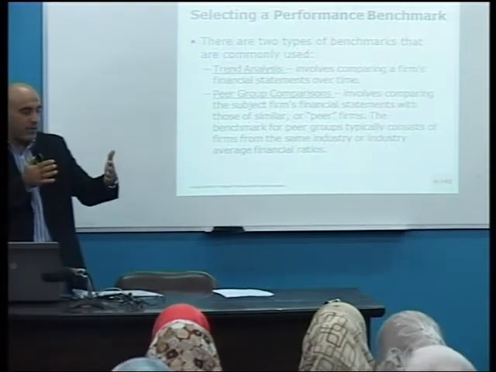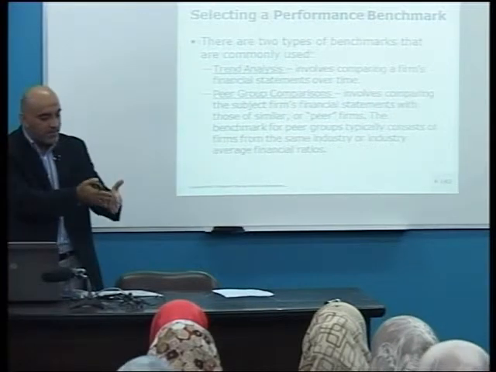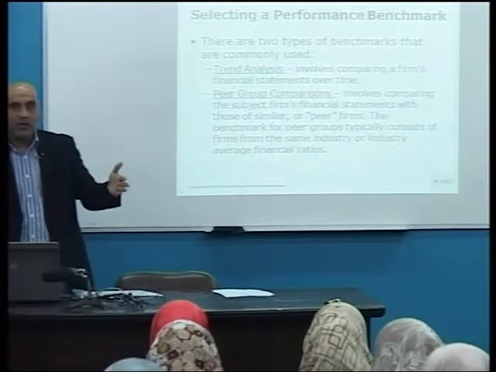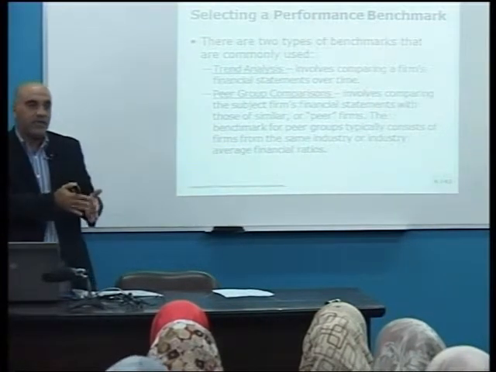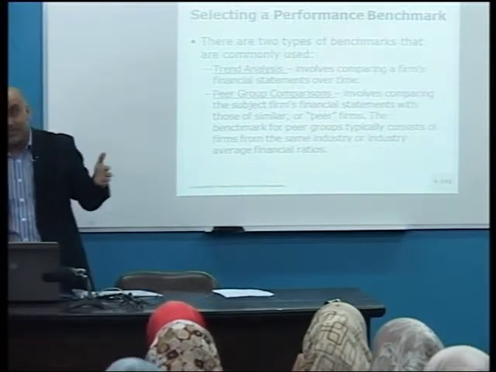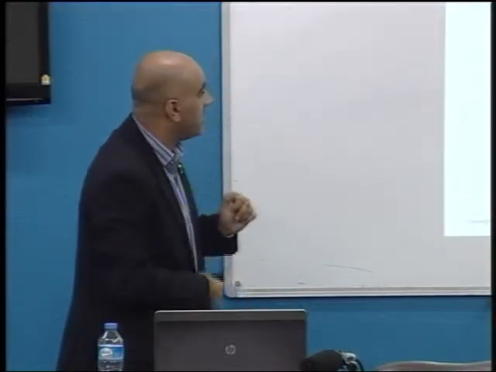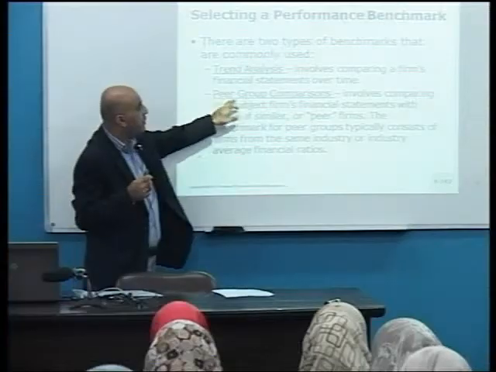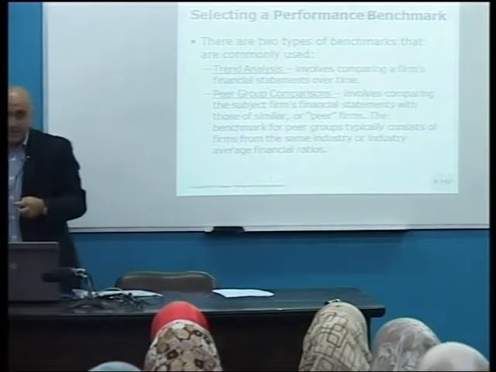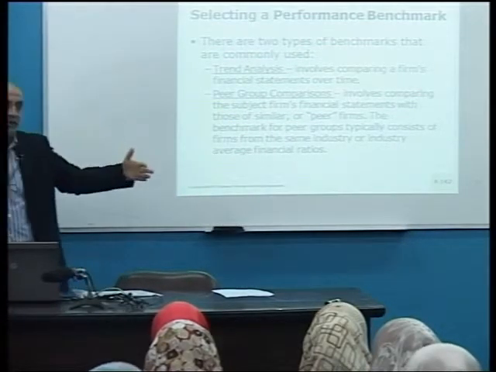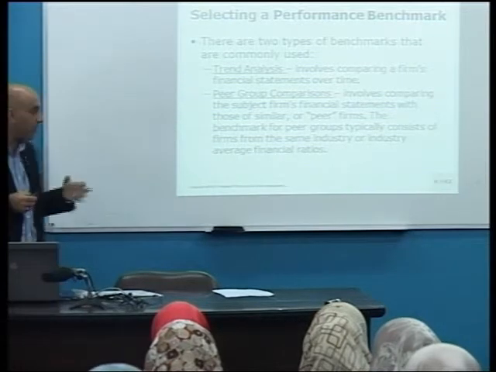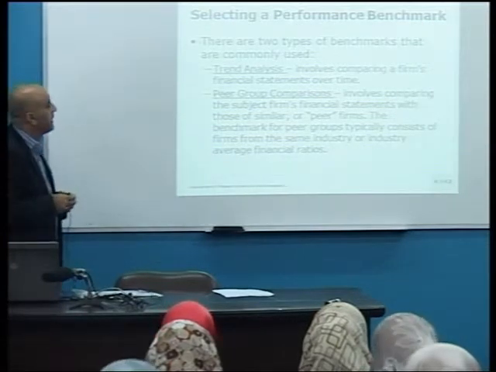For instance, we evaluate the business against previous years. Or we can evaluate the business against other companies over the same period. So this is the trend analysis. For peer group comparisons, we can compare our business with the industry level, with the competitors, or with the peer group.